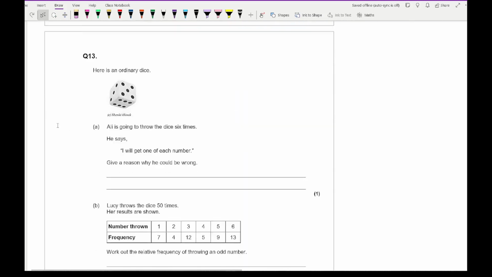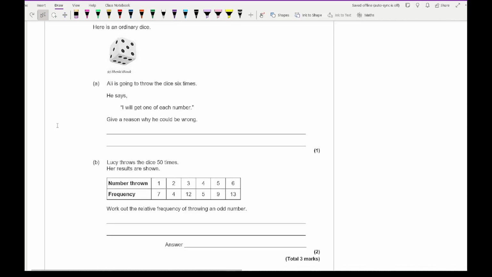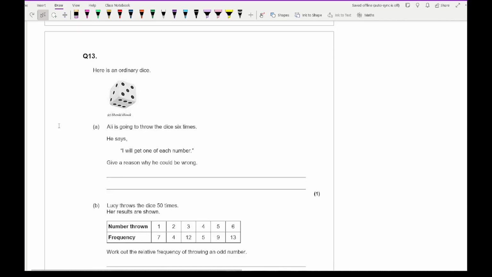Moving on to question 13, it says here is an ordinary dice. Ali is going to throw the dice 6 times. He says that he will get one of each number. Give a reason why he could be wrong. Again, it's pretty standard, it's because there is an equal chance of getting a number more than once.